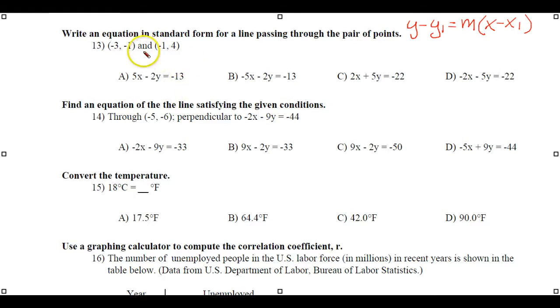Now, for this one, we have 2 points, and they want us to find an equation in standard form once we determine this slope. So it'll be 4 minus a minus 1 is plus 1. Negative 1 minus a minus 3 is a plus 3.